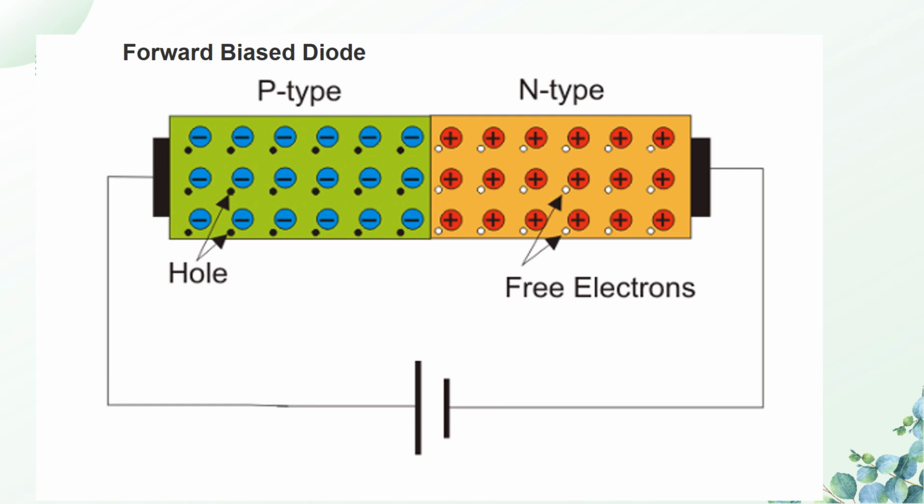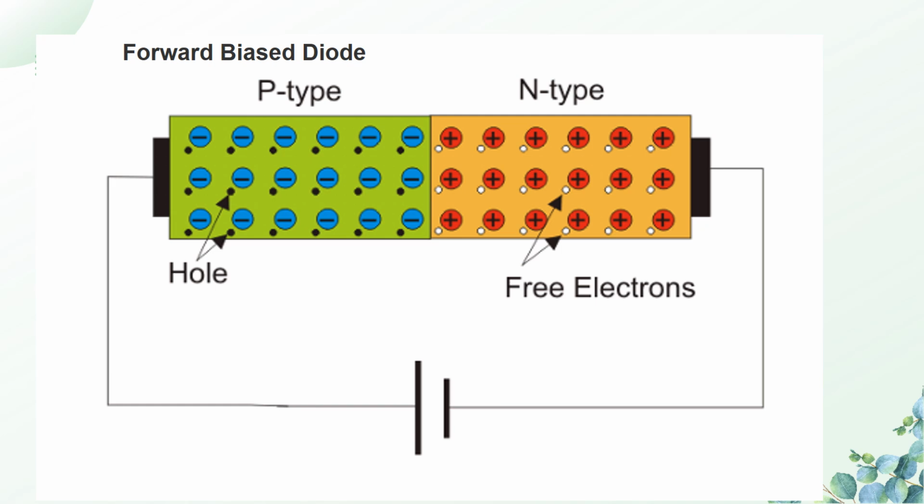In this case, p-type already consists of a large number of holes and the battery also supplies a large number of holes, so the charge carrier concentration is very high in the p-type semiconductor. In a similar way, n-type already consists of a large number of electrons and the battery also supplies a large number of electrons. So it leads to a large number of charge carriers in both p-type and n-type semiconductors.